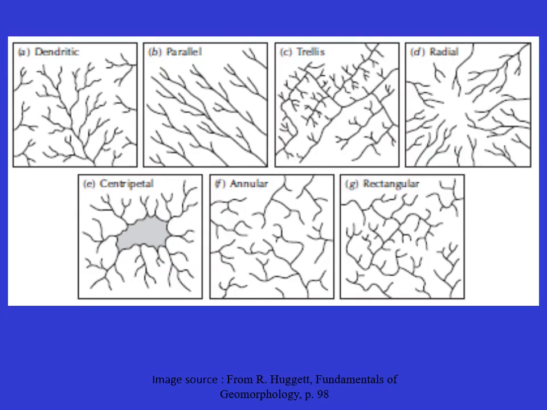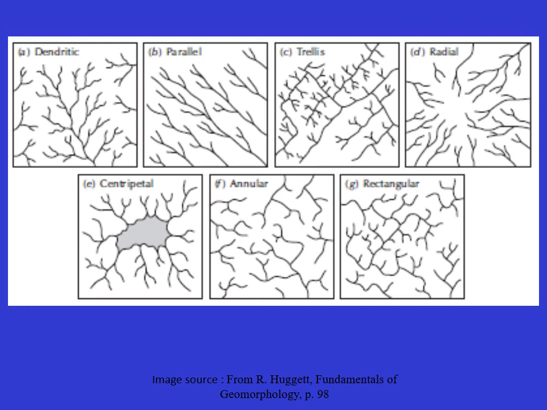Next is the drainage network. You may all know about these different types of drainage networks. The first one is the dendritic, which shows a spreading tree-like pattern with an irregular branching of tributaries in many directions at different angles.